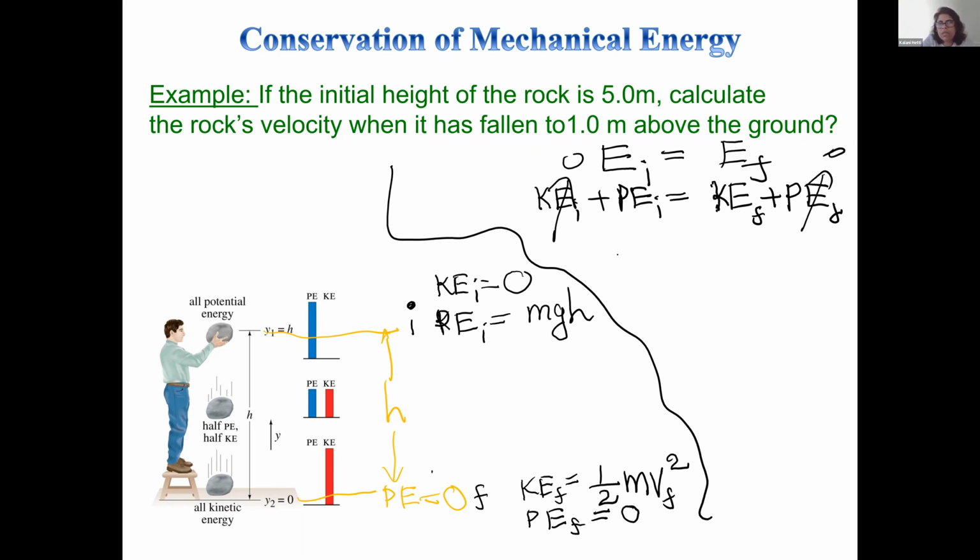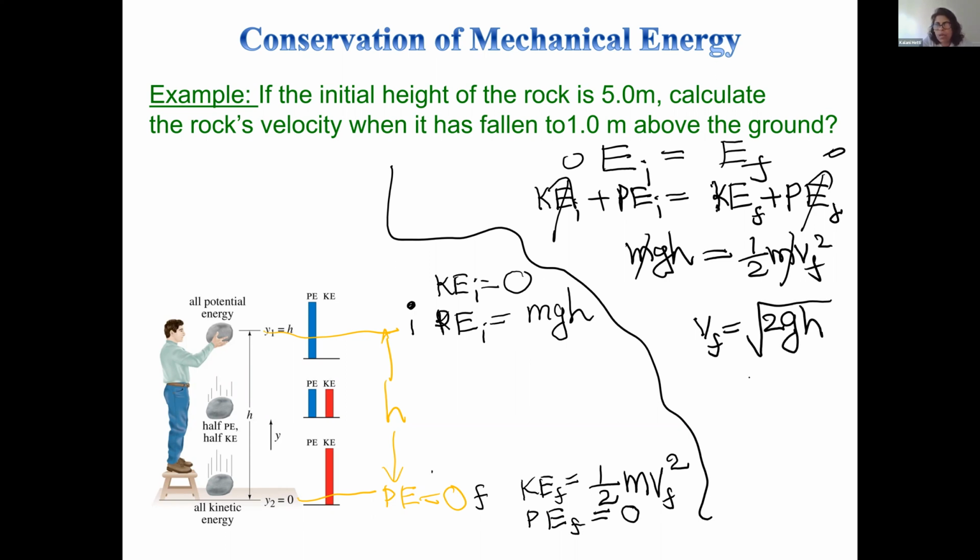Now what I have is mgh equals the final kinetic energy, which is half mass times final velocity squared. Now m cancels out, right? Solving for v final, it equals the square root of 2 times g times h, and then you plug in the values. You will be able to find v final.